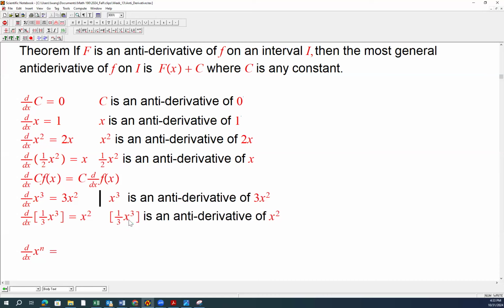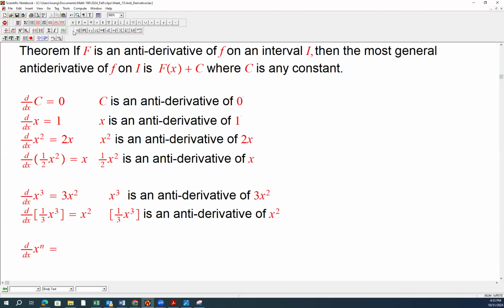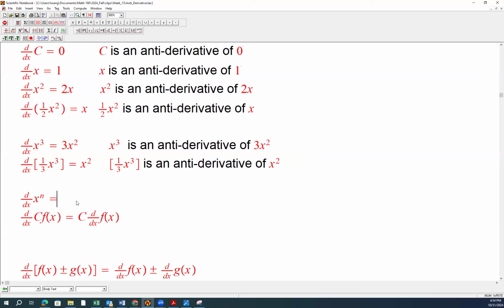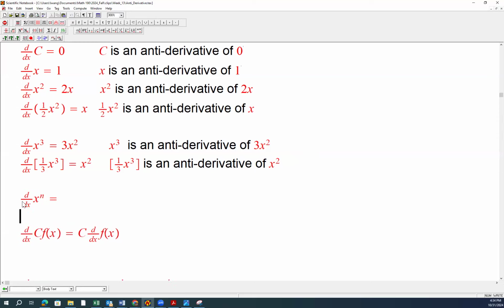You can see we apply this property. Now, how about x to the n? We want to get the antiderivative of a power. The derivative of x raised to the power n is n times x raised to the power of n minus 1.